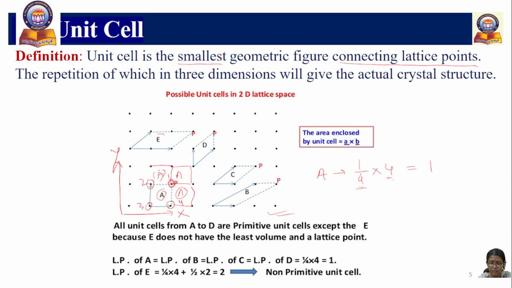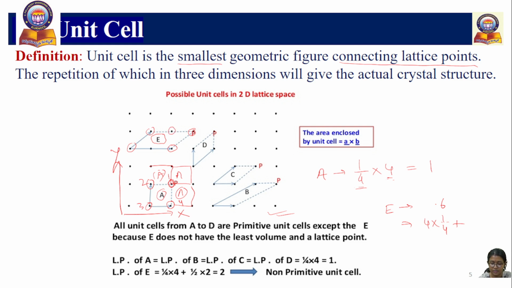But if we look carefully at E, E is connecting how many lattice points? 6 lattice points. Yes, E is connecting 6 lattice points. But you see on the corners, there are 4 corners. From these 4 corners, each is again shared with 4 nearby unit cells, 4 into 1/4. Plus, why?